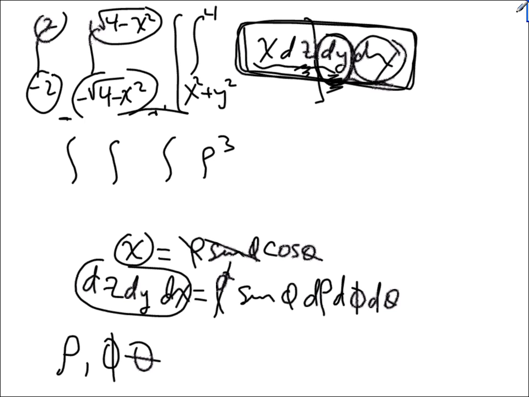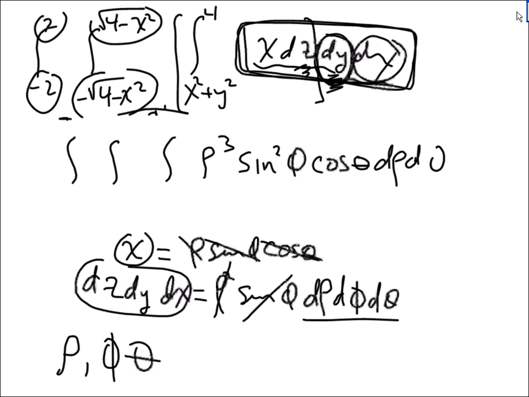Sine phi times sine phi, that of course is sine squared phi, times cosine theta, d rho d phi d theta. Okay, so we have that.